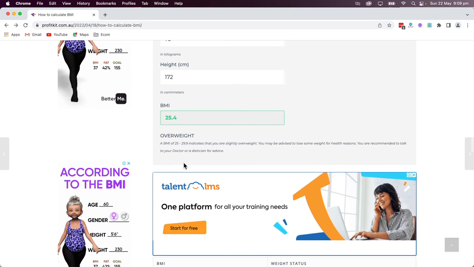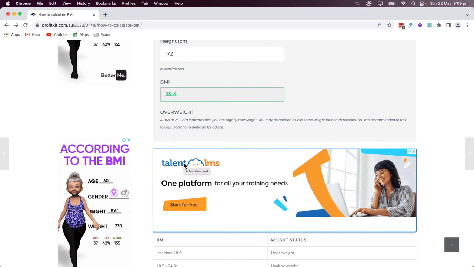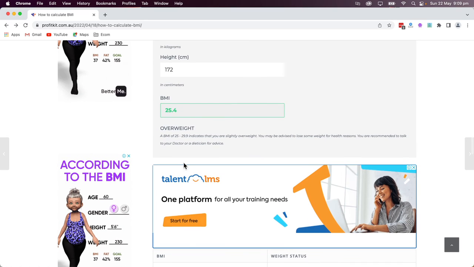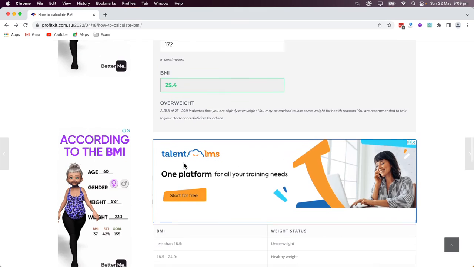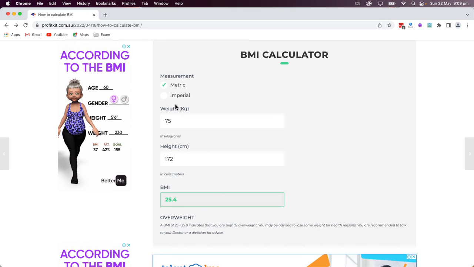It's a pretty good indication to keep track of where you're at. But there are certainly plenty of other factors that you need to take into account, so just be very careful. We've got a disclaimer that you can refer to. We're not giving any advice, just showing you how to calculate it and what it means based on the calculation. As I said, it's a great guide to give you an idea as to where you're at.